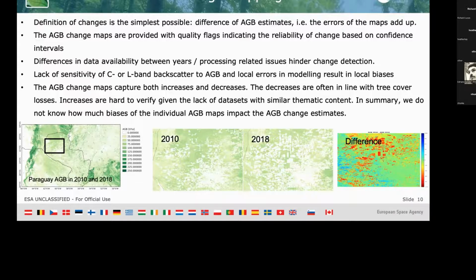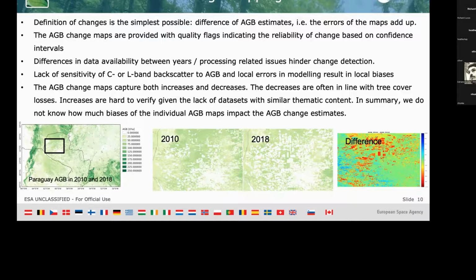And to be honest, at global scale, most of the changes we see beyond clear-cut events have to be considered rather unreliable. The reasons are manifold. One major reason is that we don't have the same amount of data in 2010 and 17, 18. So there was much less data to work with and to reduce biases in the 2010 map.